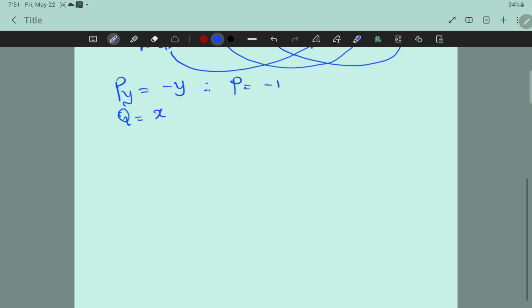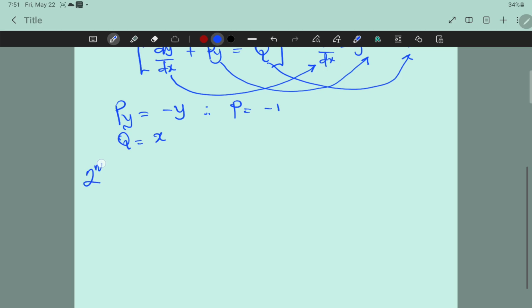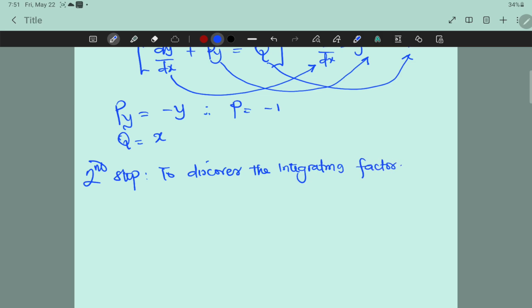Step 2, the second step, is to discover the integrating factor using the formula e to the power of the integral of p dx.